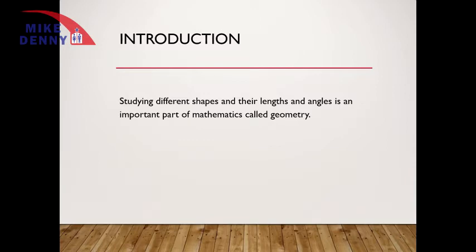So when we study different shapes and their length and angle, it is in that part of mathematics which is called geometry. So the study of shapes and their length and angles is very important. That's what we call plane figures.